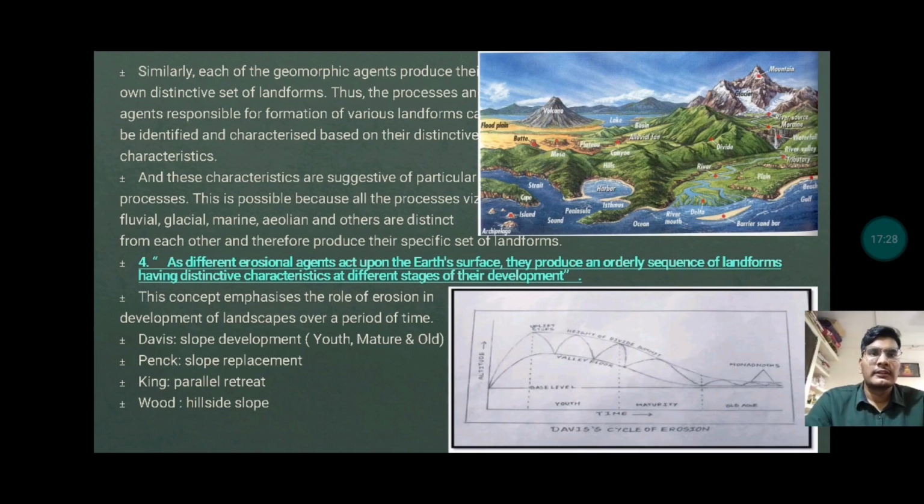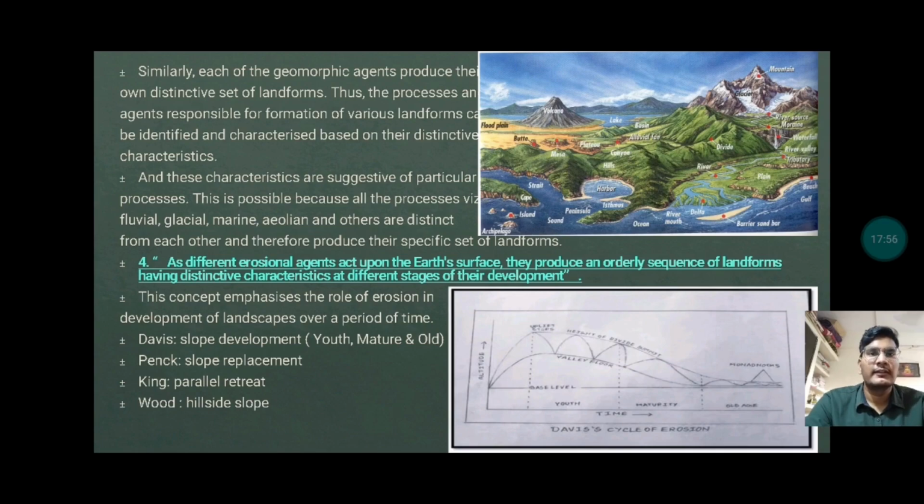So this simply shows that the development of the different features or landforms on the surface of Earth is not in an arbitrary manner, but it is very sequential, and there are several scholars of geography who had given different cycles of erosion.